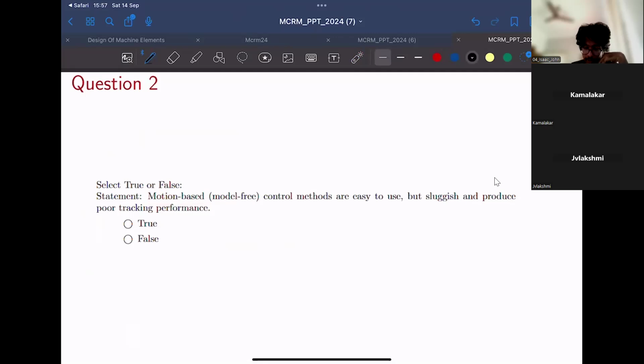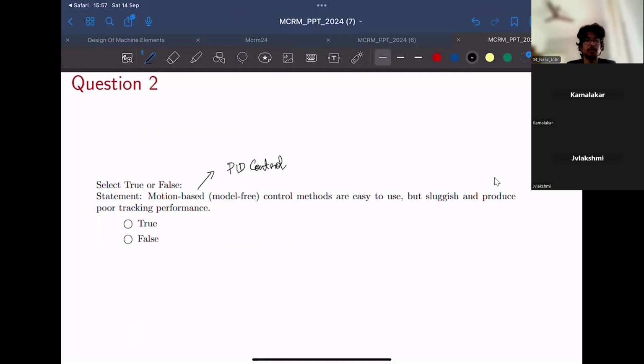So a motion-based or model-free control, something like a PID control, which probably does not have any terms from the model. It says that they are easy to use.